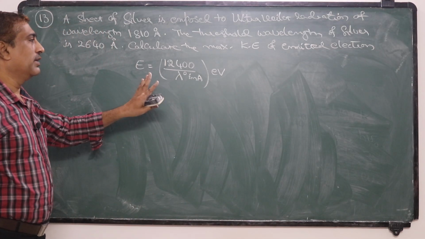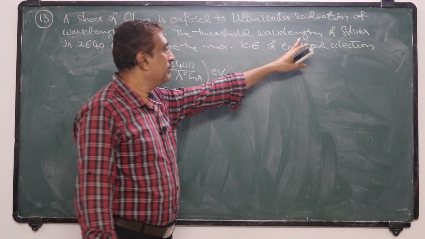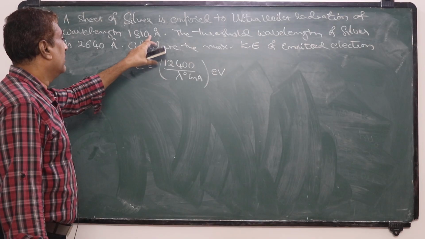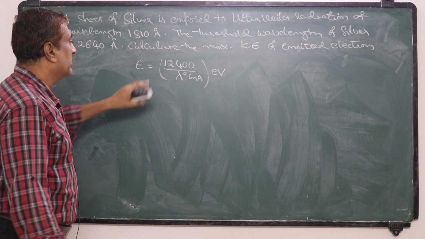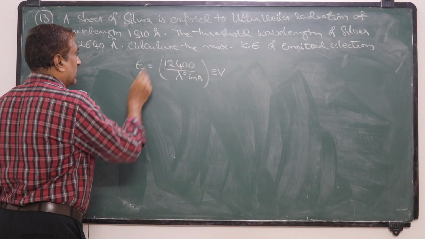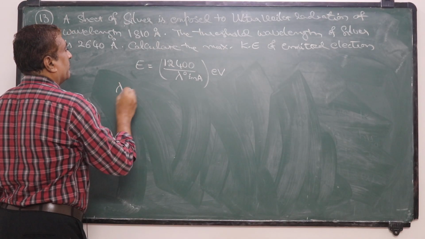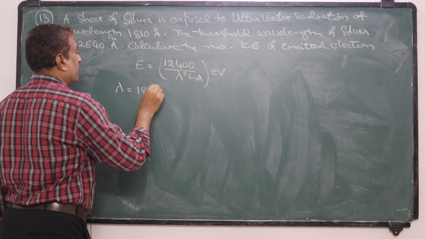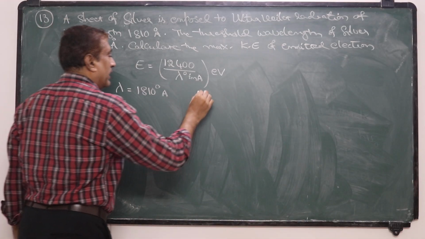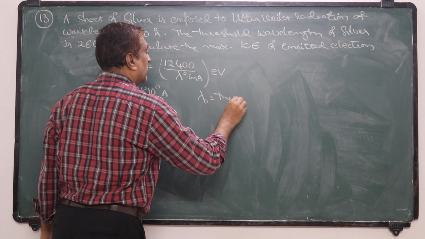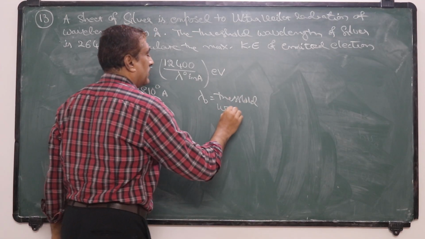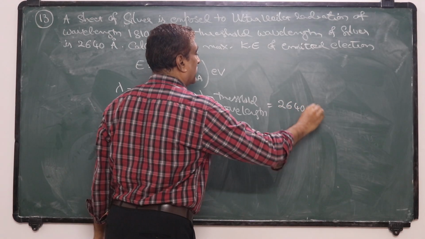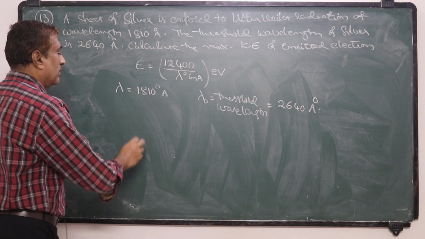Here the work function and the photon energy are given as wavelengths. So the given λ is 1810 Armstrong and λ₀ is the threshold wavelength, 2640 Armstrong.